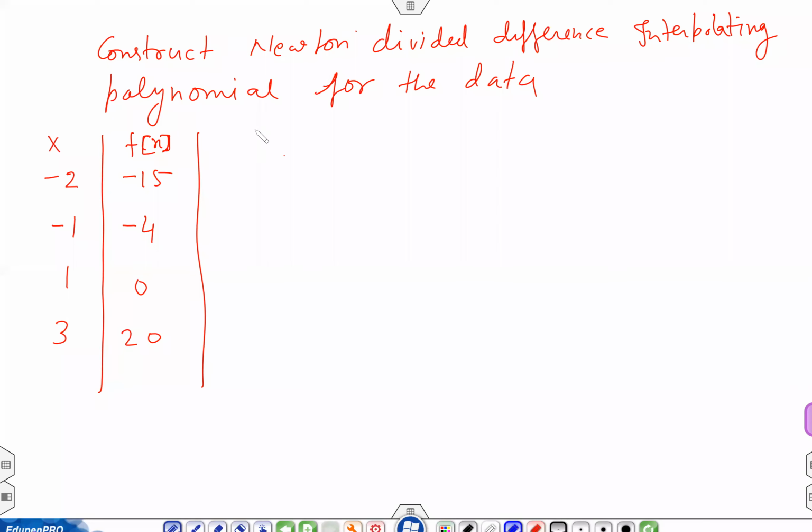Now you will compute first order divided difference. This is your x0, x1, x2, x3.